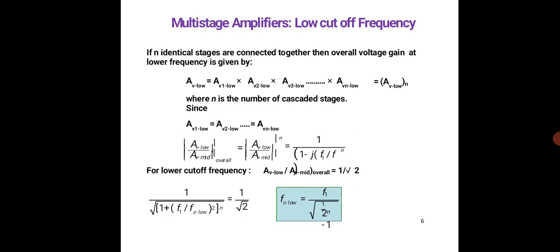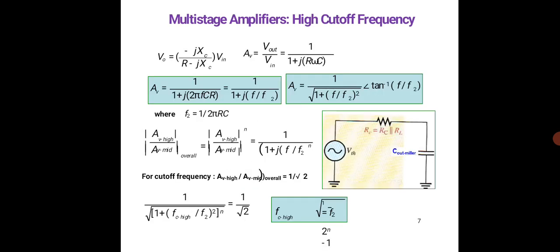For the lower cutoff frequency, you can see the resulting expression in the shaded portion. Similarly, we can obviously use multistage amplifiers for the high cutoff frequency, and you can see the various expressions associated with it.